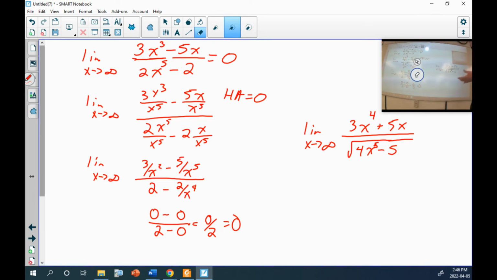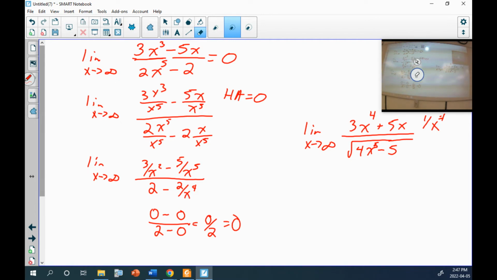Okay, so let's look at this one. Now, the top, I'm going to multiply by 1 over x to the 4th, because what does this guy work out to be? The degree down here is going to be x to the 5 halves, which is smaller than x to the 4th.